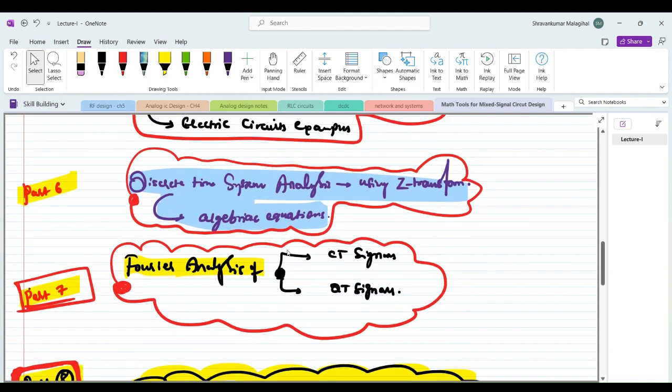In part 6, just similar to the Laplace transform, discrete time systems can also be analyzed using a mathematical tool called the Z transform. Here we deal with algebraic equations, and we'll go through it comprehensively.